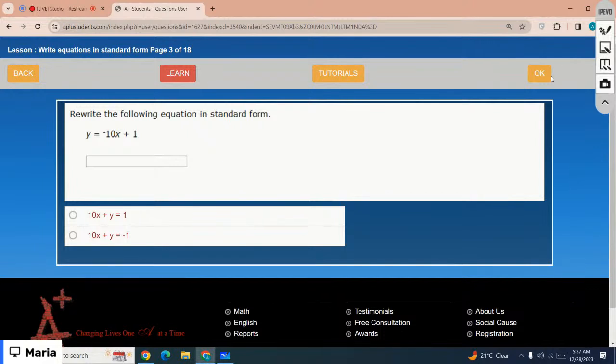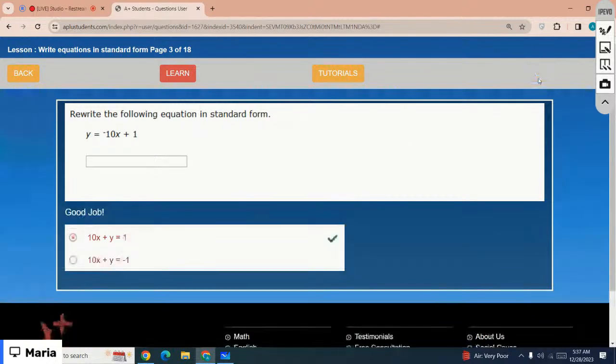That is equation number 1, 10x plus y equals 1. Option number 1 is the correct option.